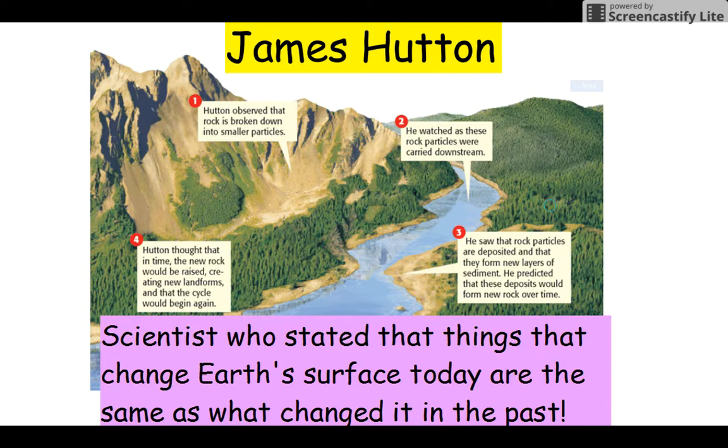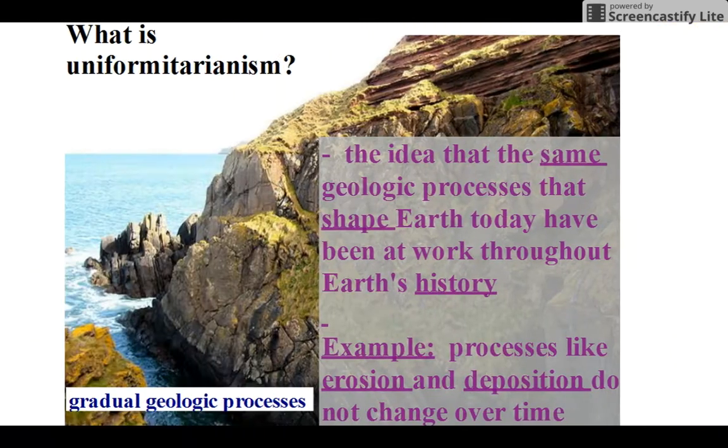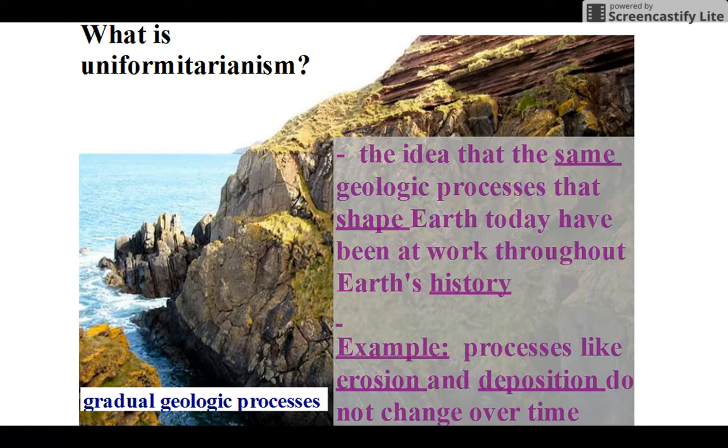So uniformitarianism, okay, your last question here, the idea that the same geologic processes that shape Earth today have been at work throughout Earth's history. So example, processes like erosion and deposition do not change over time. These processes are the same. Doesn't matter if we're talking 100 years from now or 100 years before now.